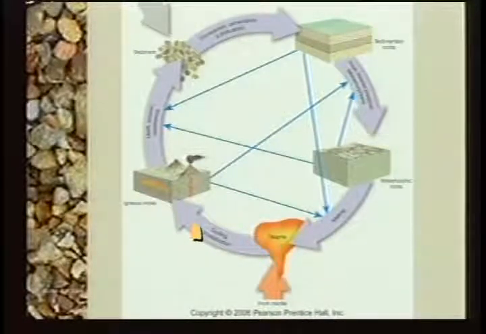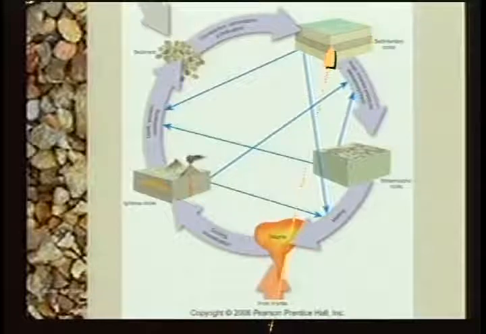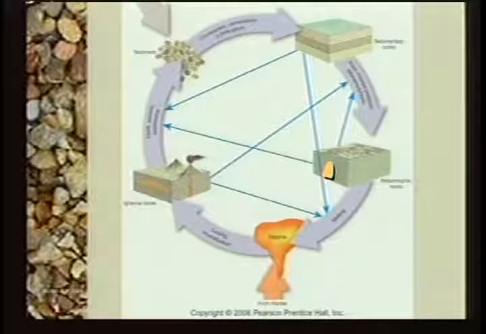It's important to remember that any of these rock types can be transformed into any of the other rock types. You can have a sedimentary rock that undergoes weathering and deposition, cementation, and compaction and form a new sedimentary rock. You can metamorphose a sedimentary rock and get a new type of metamorphic rock. You can melt the sedimentary rock and end up with an igneous rock once that molten material cools.